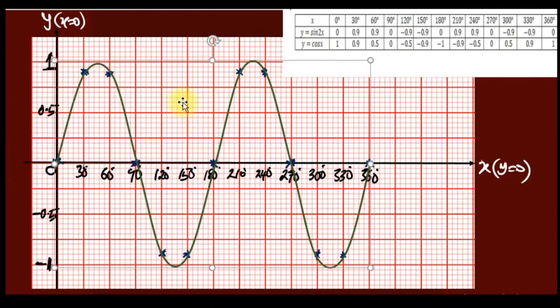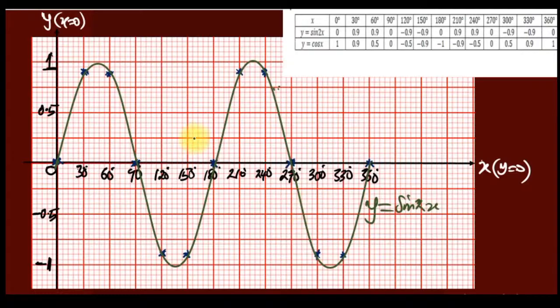So that's the first graph. We've done y equal to sine 2x. So let's label it: this is y equal to sine 2x. Now let's draw y equal to cos x.